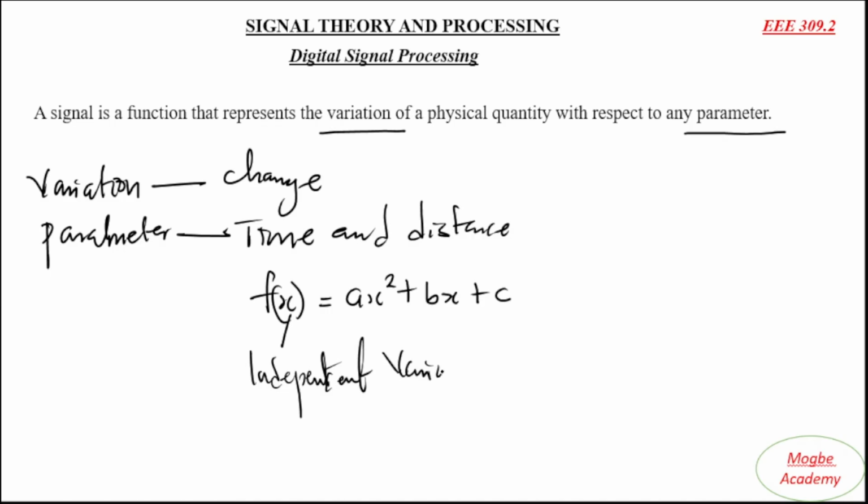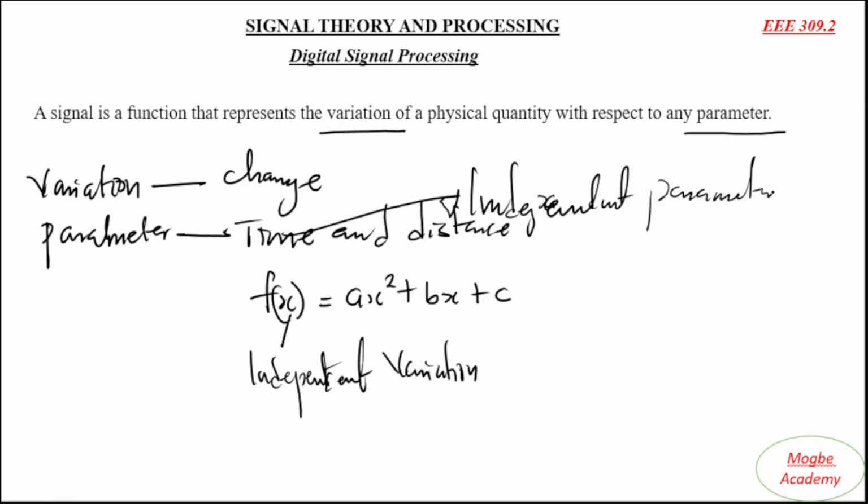In essence, your time and your distance are independent parameters, so all other functions will be dependent on time and distance.